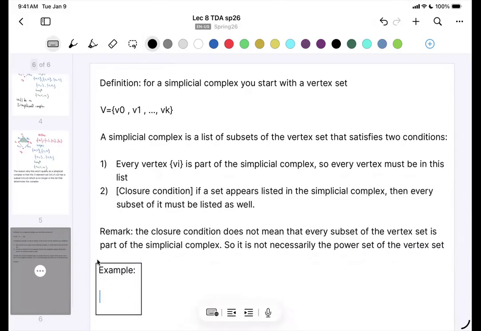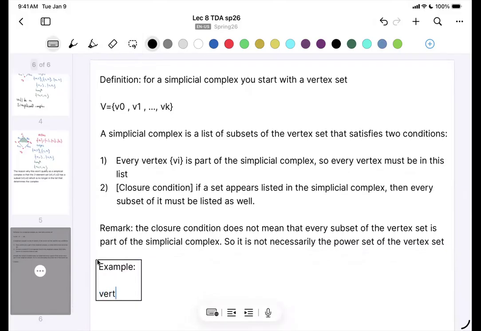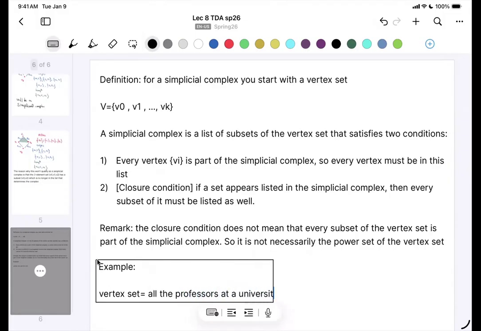So the vertex set would represent all the professors. Okay, so that's the list that you start with.